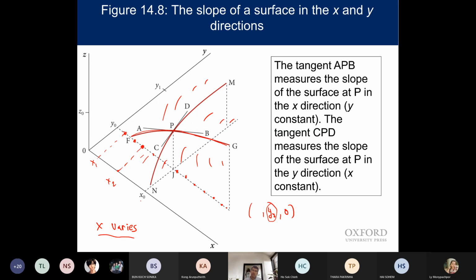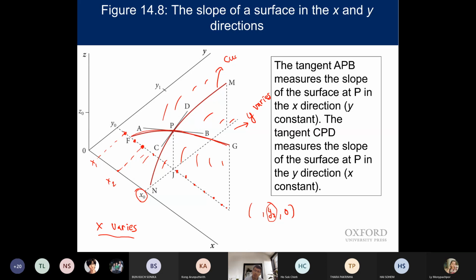And likewise, if you let x be a constant at x0, for example, and then you let y vary, then you come up with a section on the surface, and in this case it's also a curve, right?